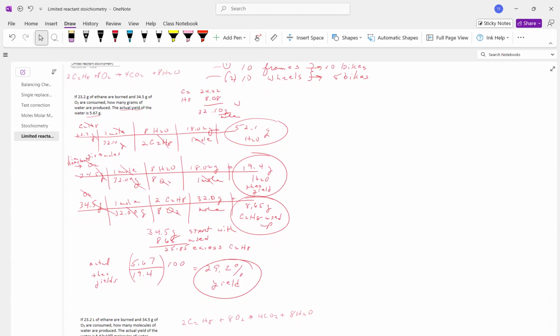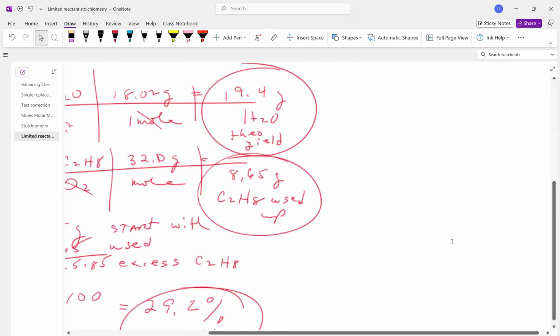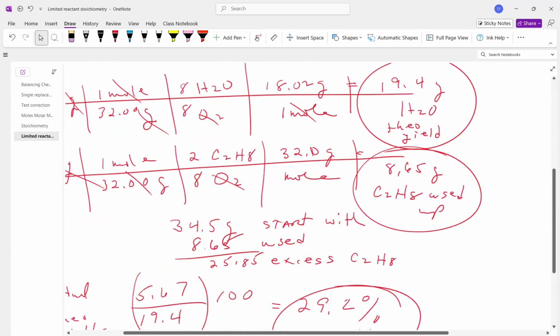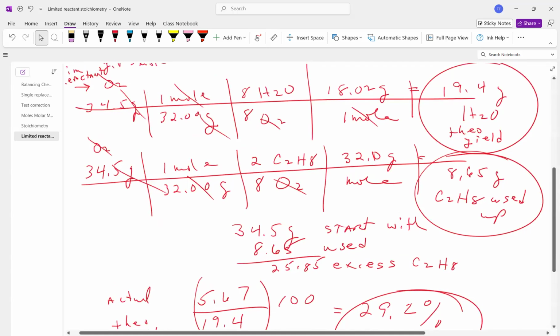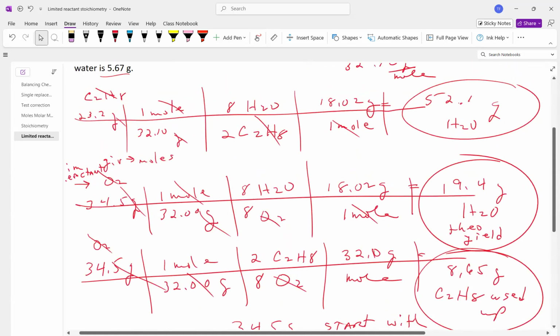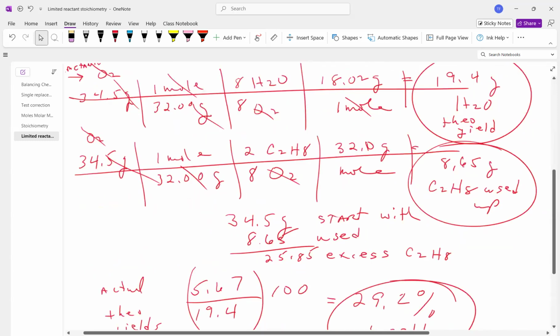Yeah, how did I get 34 point? Yes, you're right. I should have used, since ethane is the excess, I should have used the excess. So you're absolutely right. Thank you.